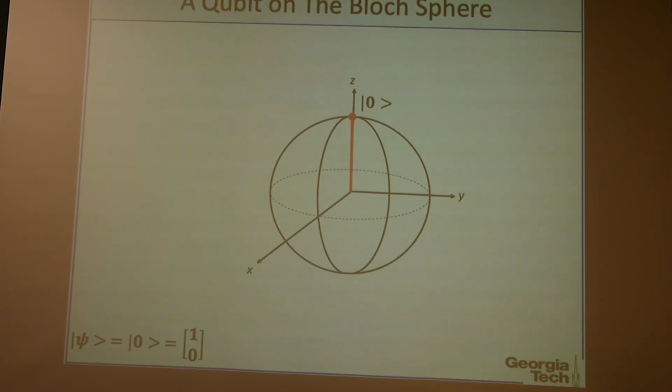Here you have two coefficients, alpha and beta, which are complex numbers. What alpha means is that if you measure this qubit, the probability that you will get 0 is alpha squared, and the probability that you will measure a 1 is beta squared, where beta squared is 1 minus alpha squared.